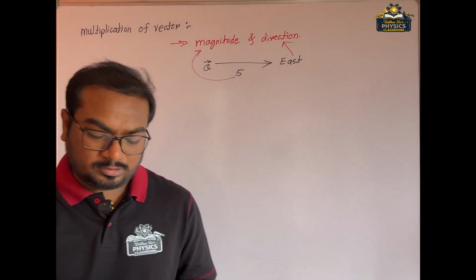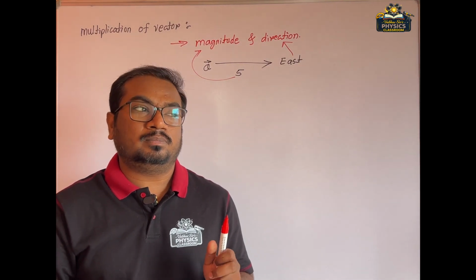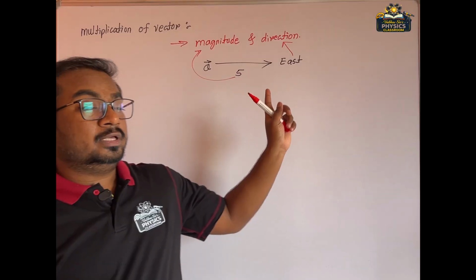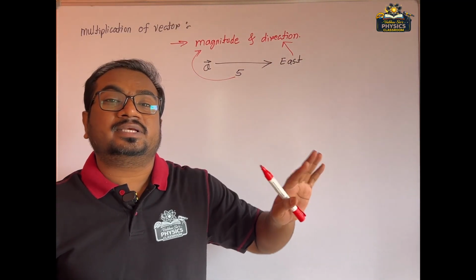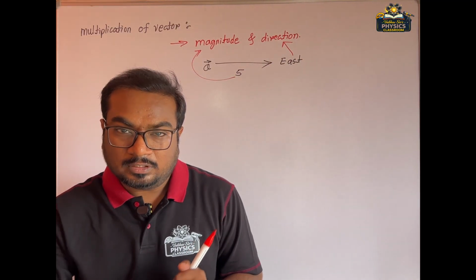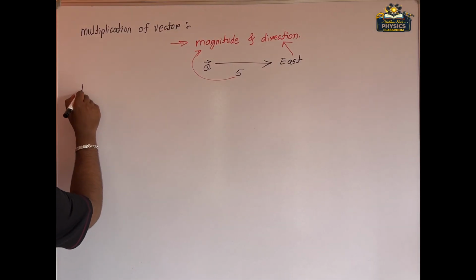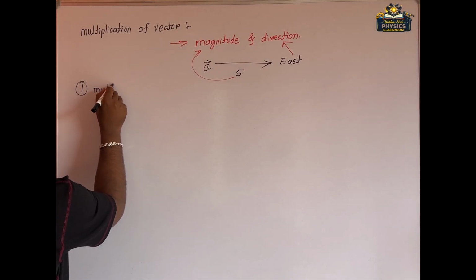This is the first type of multiplication: multiplication of a vector by a scalar quantity.